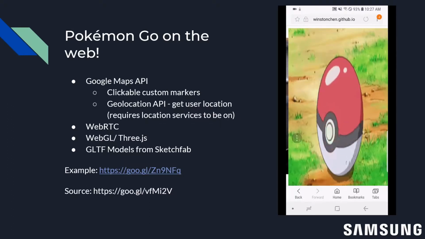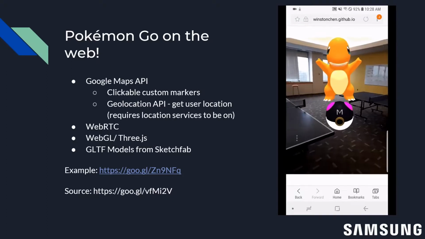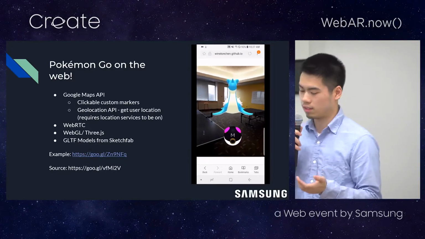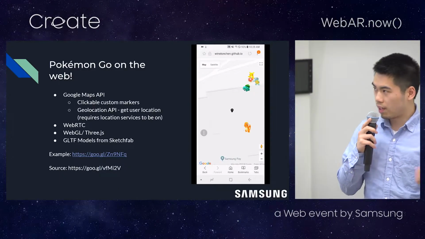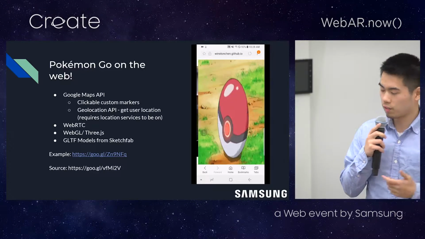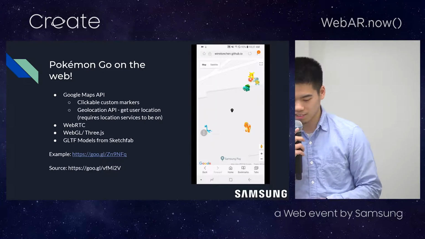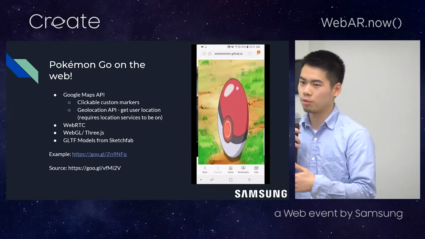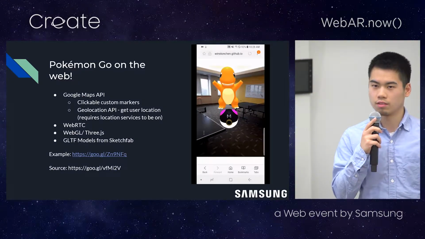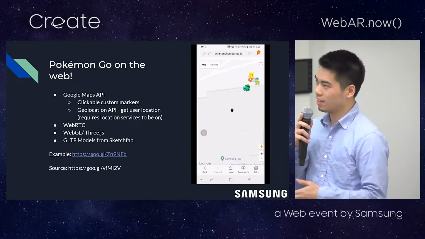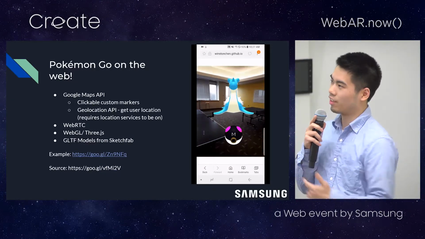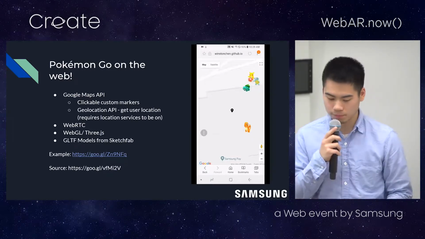I'll talk a little bit more about WebRTC and WebGL, which are the two other web APIs and libraries that I used to create this demo. I was kind of lazy and stressed for time, so I just went on Sketchfab, which is a huge repository of 3D models, and I found a bunch of Pokemon models, so I downloaded them and plugged them into the demo.